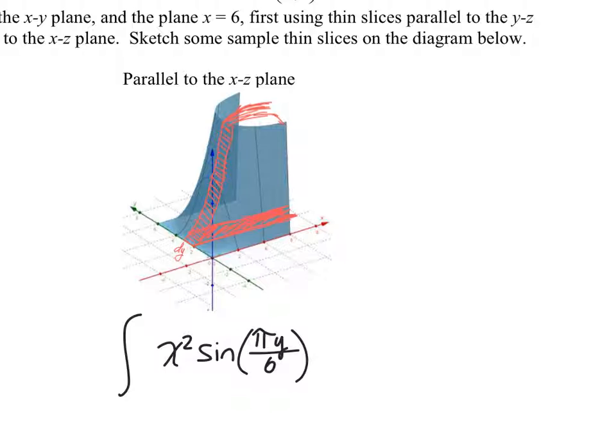Actually, let me do those vertically, those little tick marks I did, using a much darker color. Each one of these rectangles has a dx associated with it, all right?